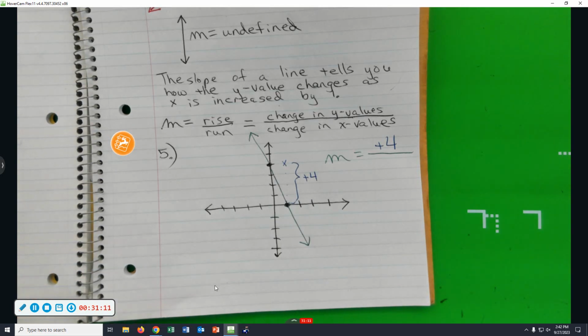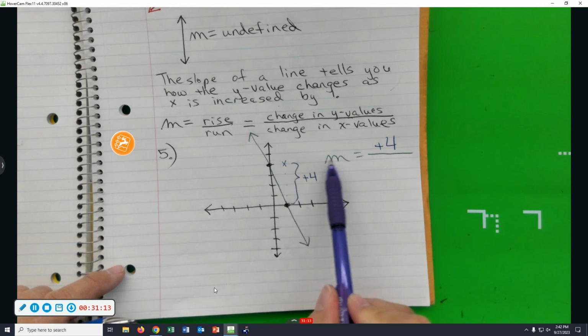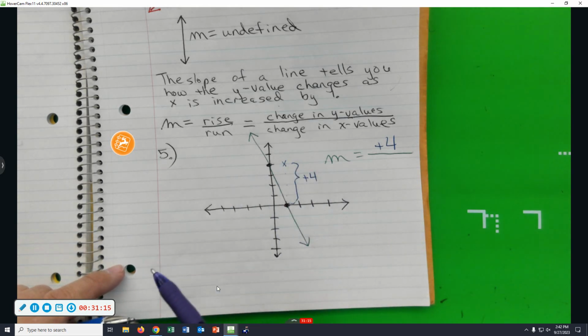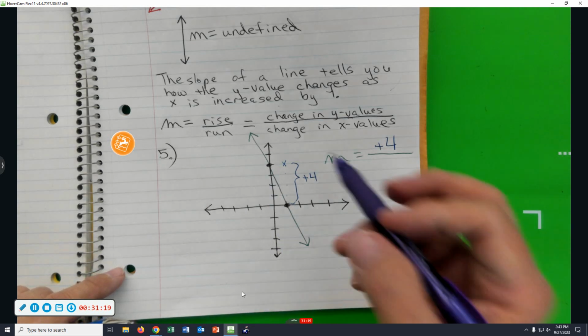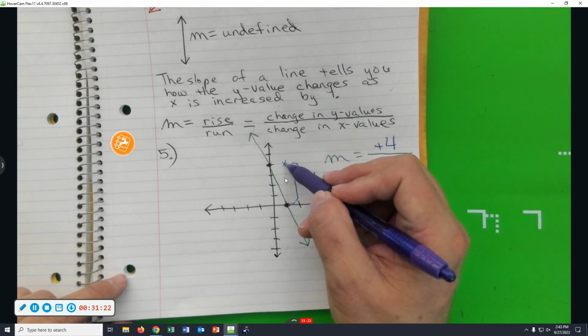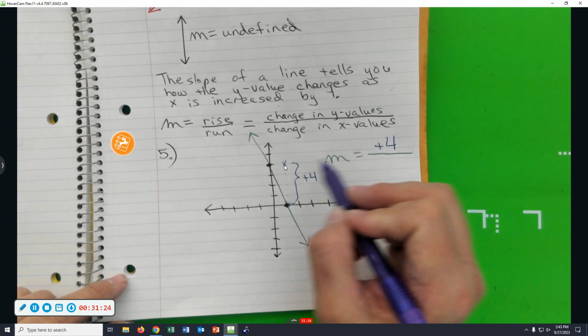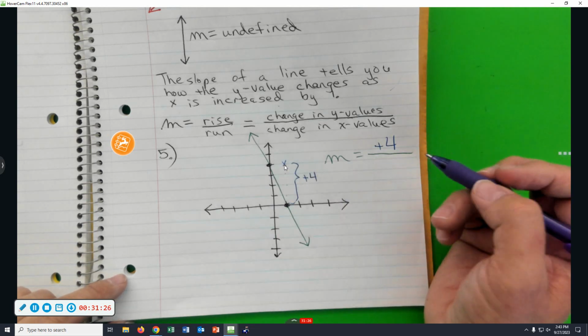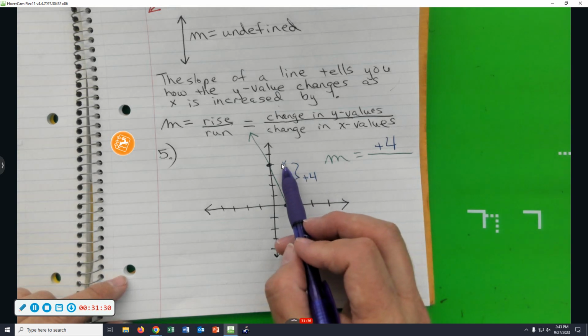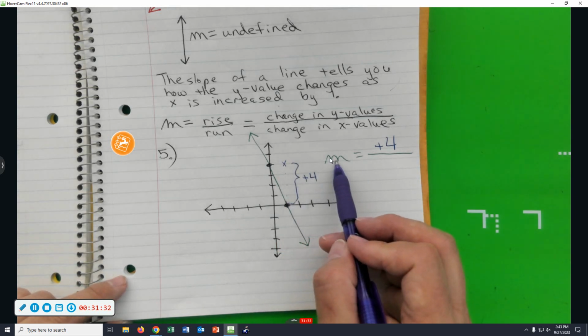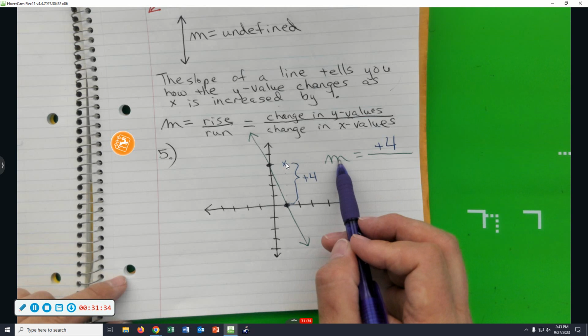Now the run. Am I going to be moving in the positive direction or the negative direction to get to this actual point? I'm positioned at this little X here. If I move in the positive direction, that means I'm moving this way. Am I going to get to the point?